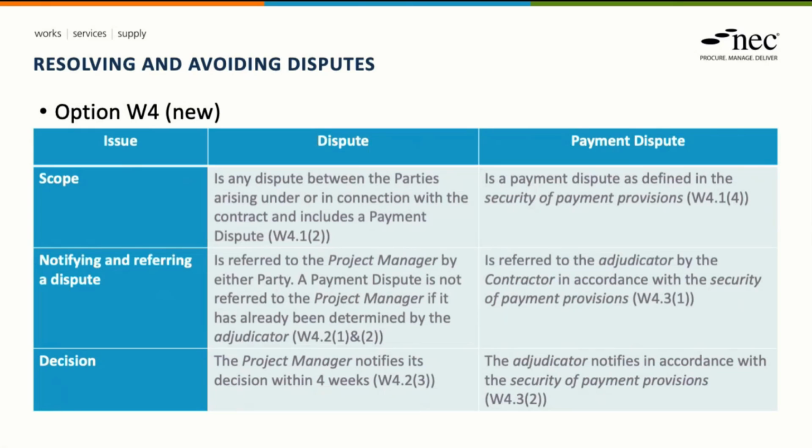Where a dispute has been referred to the PM, they're required to make a decision within 4 weeks and notify the parties accordingly. Where it's a payment dispute that has been referred to the adjudicator, the timescale within which they notify a decision is set out in the security of payment provisions.